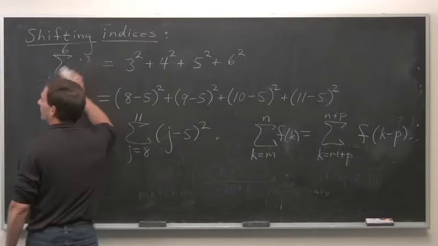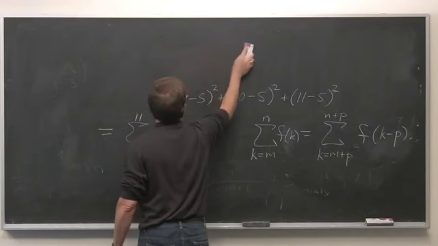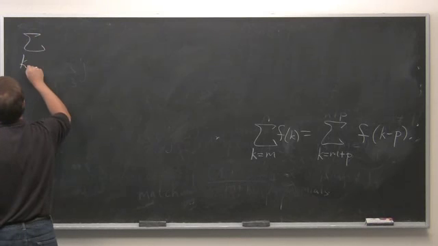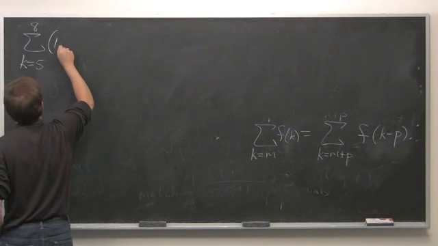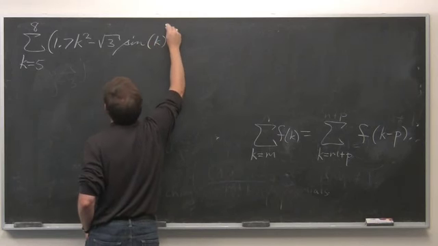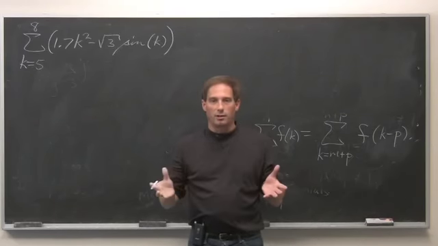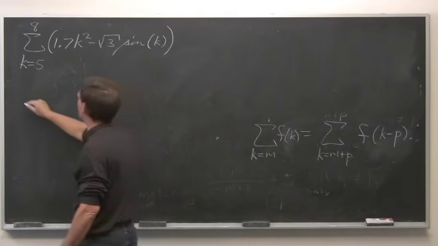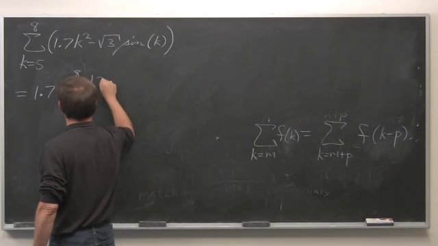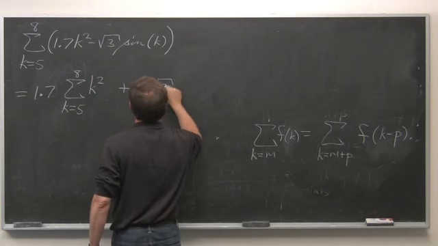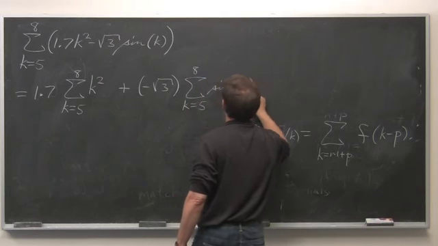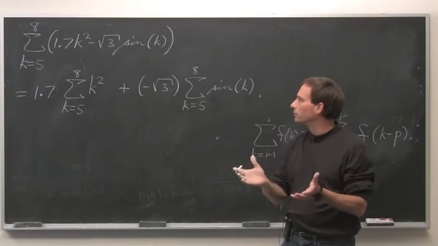So what we're finding, if you write everything out, is that the sum as k goes from 5 to 8 of 1.7 k squared minus the square root of 3 times the sine of k is the same as 1.7 times the sum as k equals 5 to 8 of k squared plus the negative square root of 3 times the sum as k goes from 5 to 8 of the sine of k. You can split up sums and pull out constants, or split up differences and pull out constants. This is linearity.